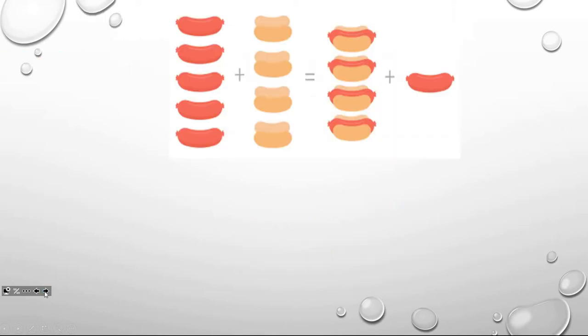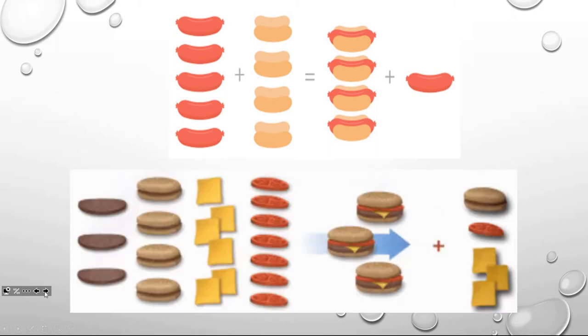If I have 5 hot dogs and I only have 4 hot dog buns, then I can make 4 hot dogs and I have one that doesn't have a bun, right? So the limiting reagent here would be my buns. My excess reagent would be my hot dogs. If I had hamburgers, it's more complex. As we get more complex in the reactants, we have more than 2 reactants, then more things can be excess.